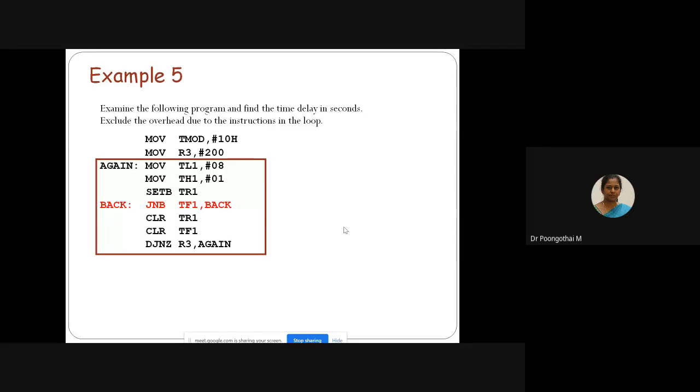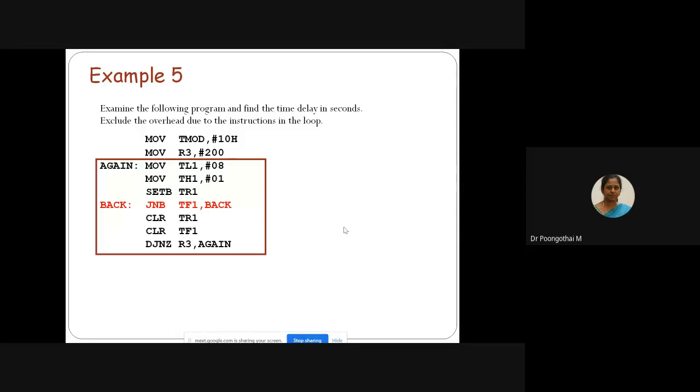The initial value of your timer is 0108. How many iterations will the loop get executed? 200 times.